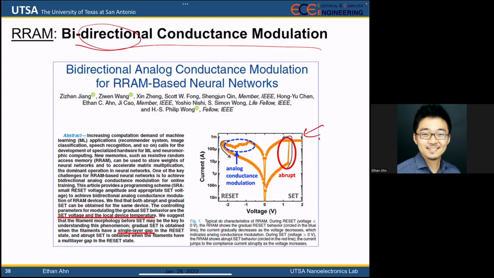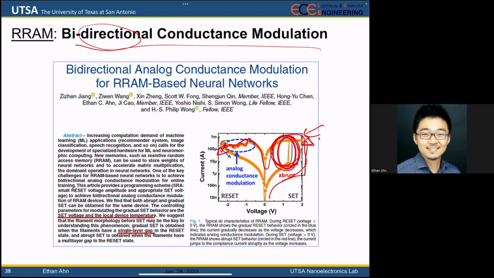If you look at the IV curve, usually when you do this set transition, you get this very abrupt transition. And if you go back to a low conductance state by reset, then it's more like a gradual one.